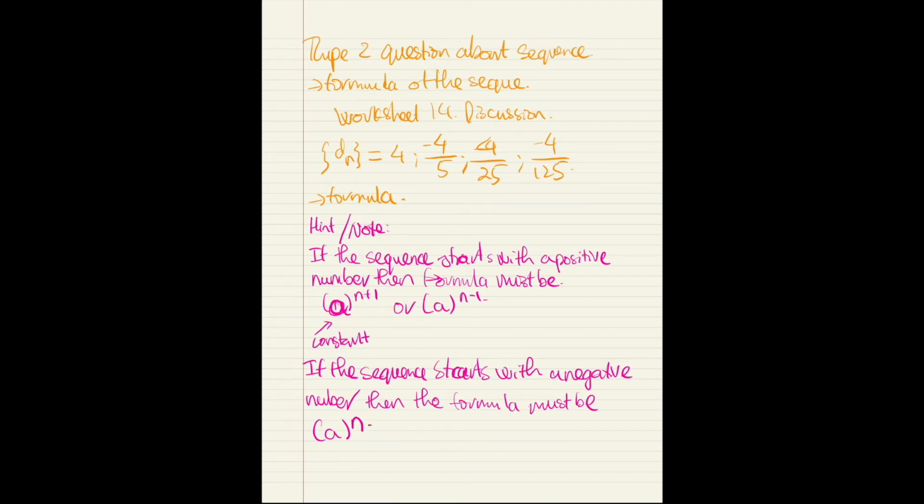Okay, what I mean is, the sequence starts with a positive number. This sequence starts with a positive number because this is +4, not -4. So we have to use this first rule. If the sequence of dn started with a negative number instead, then we could use the second rule. The sequence dn is 4, -4 over 5, 4 over 25, -4 over 125.